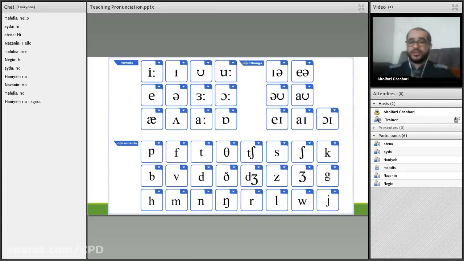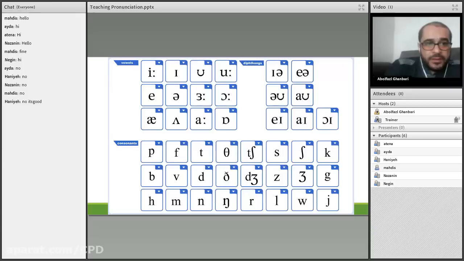About the segmental features, as I told you, we have vowels, consonants, and diphthongs. As you see, these are the phonemic symbols. We can see them in dictionaries.